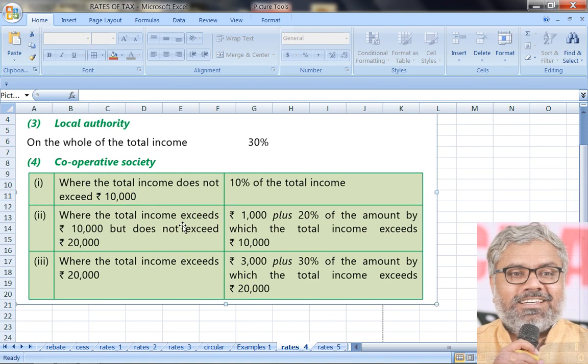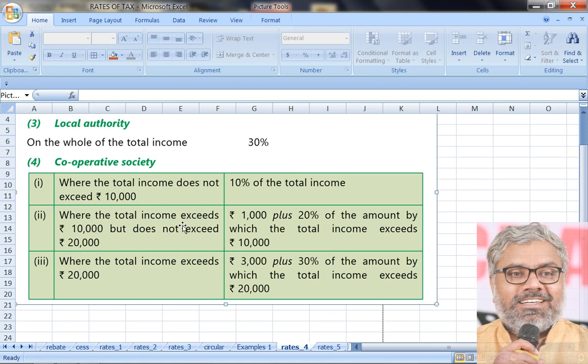Then where the total income exceeds 20,000, the rate is 30% of such income which exceeds 20,000, plus 3,000. You can understand what this 3,000 is. 3,000 is not just a blind number, it has a logic. What is the 3,000? The income tax related to the earlier slabs. First slab, 0 to 10,000, the difference is 10,000 into 10%, which is 1,000. Keep it aside.